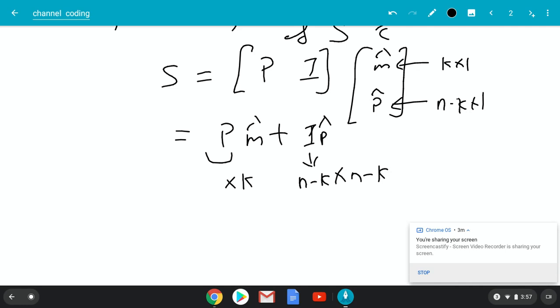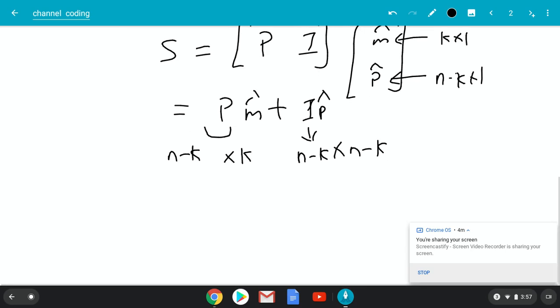Since you're stacking P and I side by side, concatenating I to P in the row dimension, the number of rows in P should be equal to the number of rows in I. So P has to be n minus k rows. This is also obvious because P is the parity generating matrix: at the transmitter, P times M equals small p, so the number of rows in P has to equal the number of parity bits. So capital S is an n minus k cross n matrix.